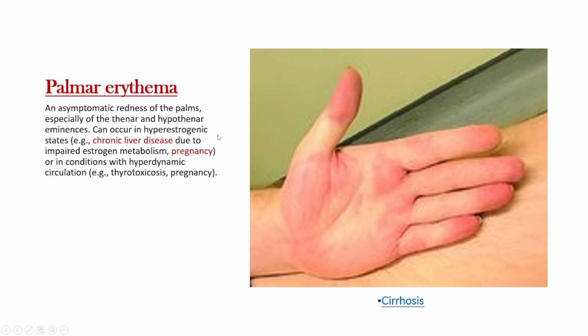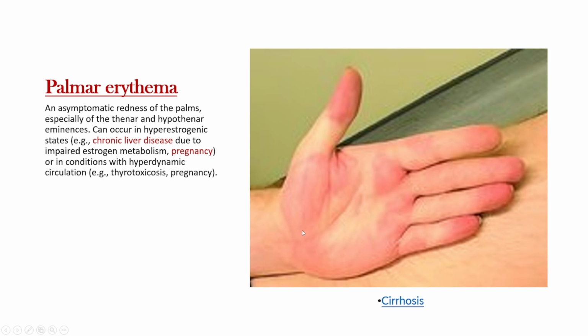Why will we have high levels of estrogen? Because we will have either chronic liver disease. This will impair estrogen metabolism. Estrogen metabolism happens in the liver, so we will have liver disease, no metabolism, high levels, accumulation of estrogen, or a pregnancy, because we know in a pregnancy we'll have high levels of estrogen.